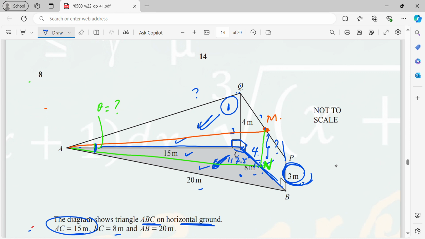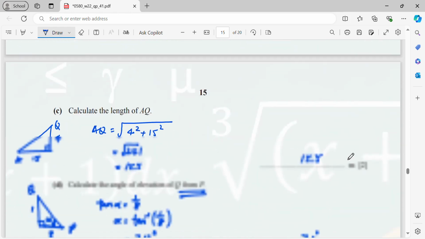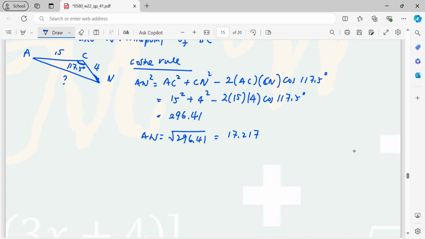And the MN: the M is the middle of PQ, and the N is the middle of BC. That means the MN will be the middle of 3 and 4, the midpoint of that. So from here, my MN will be 3.5. It's the middle of 3 and 4, because it's a midpoint of two sides.